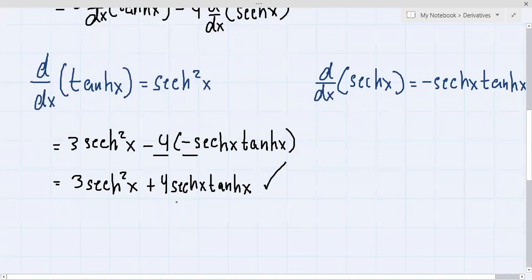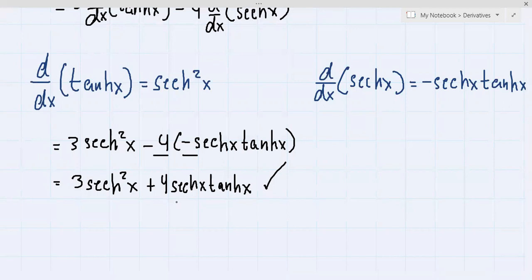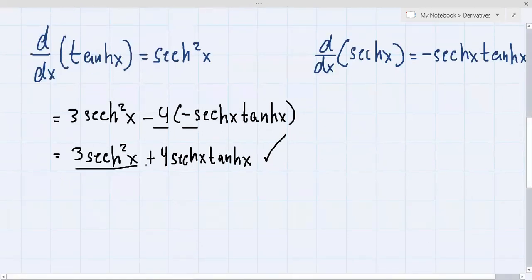But we can actually simplify this one further. Pwede pa natin siyang i-simplify pa. You see, these two terms, they have a greatest common factor. Okay? We can factor out secant hx.